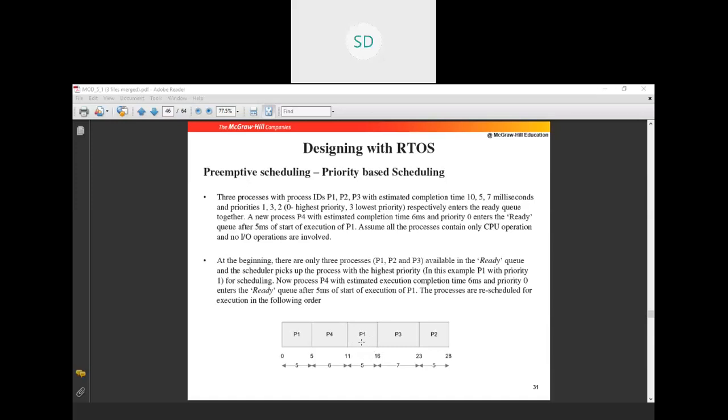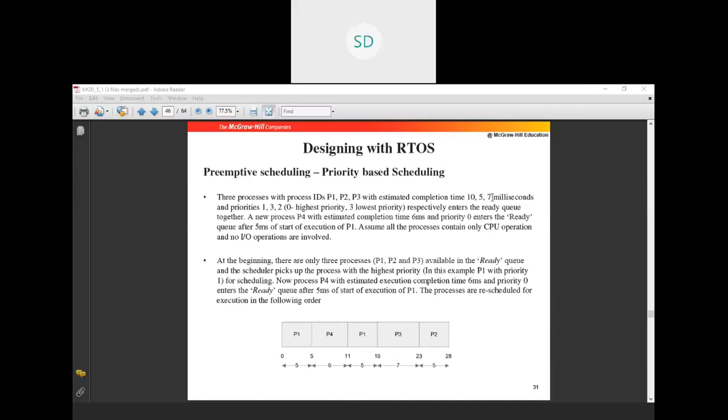Next, what will happen at the 16th millisecond? In the ready queue you will have only 2 processes, process 2 with priority 3 and process 3 with priority 2. Therefore process 3 has the highest priority and will be executed from time 16.